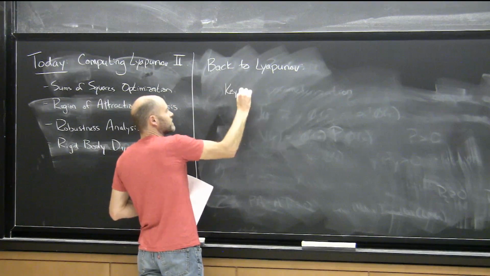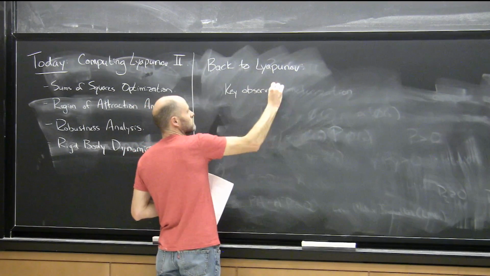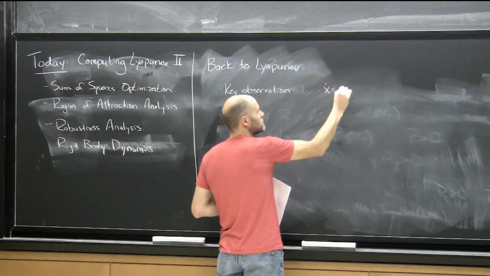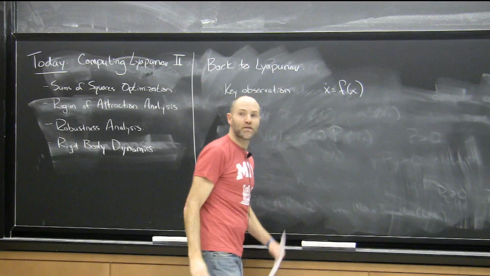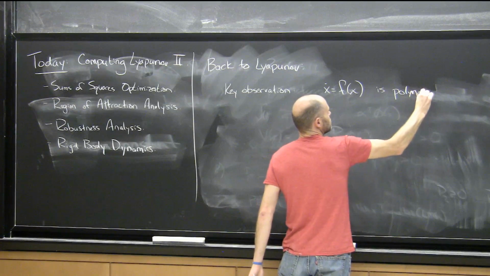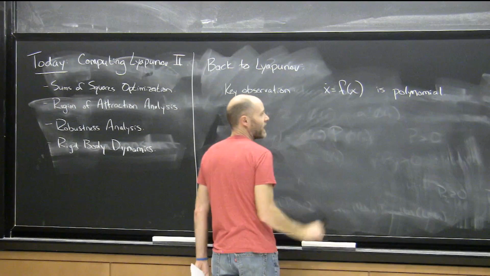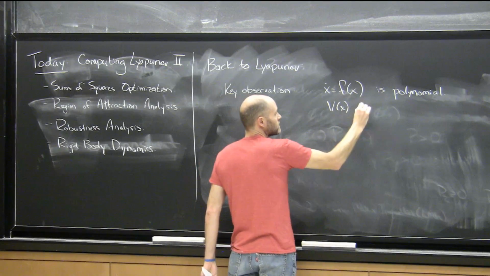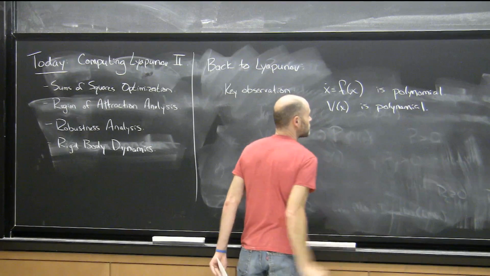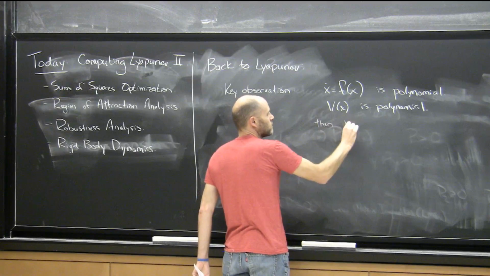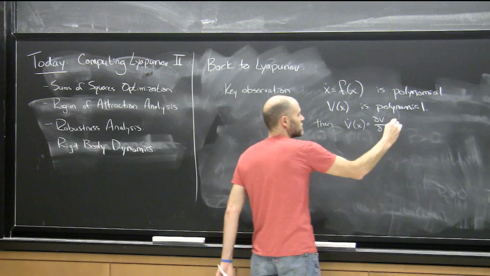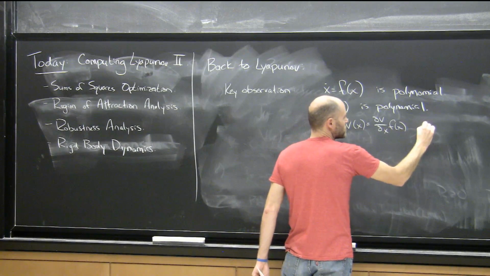Okay, another key observation here. If I have a dynamical system given by a differential equation that's polynomial, and I want to search over V(x) that's polynomial, then V dot of x is also polynomial.